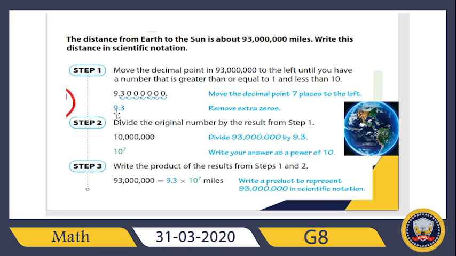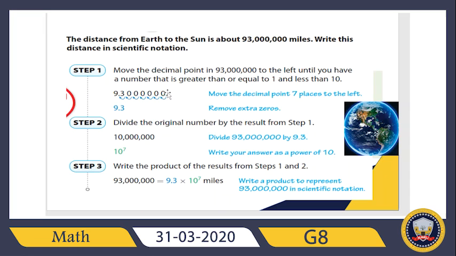If I do 9.3 times 10 power 7, it will give me the same number. That's why I multiply what I have by 10 to the power of the steps which I moved to the left side until I reach this decimal point, until I leave this decimal point here in this place.